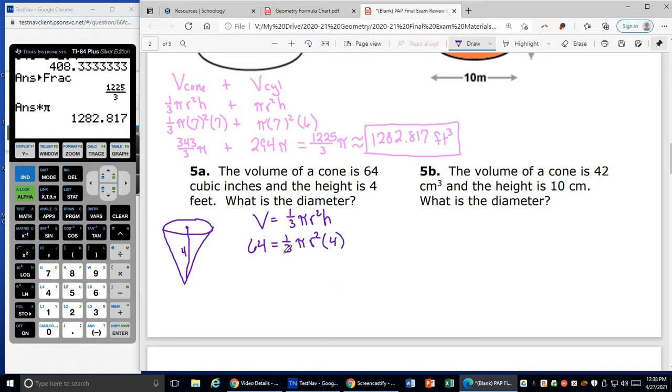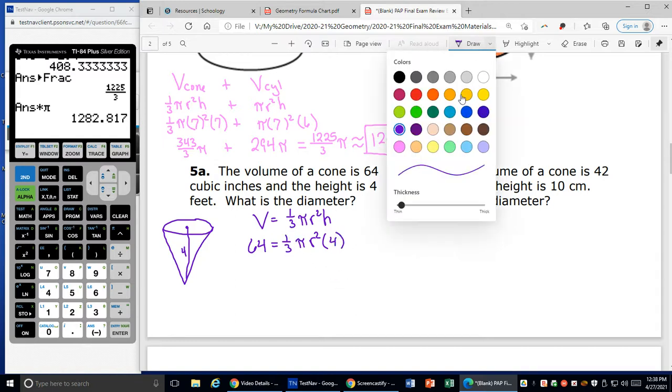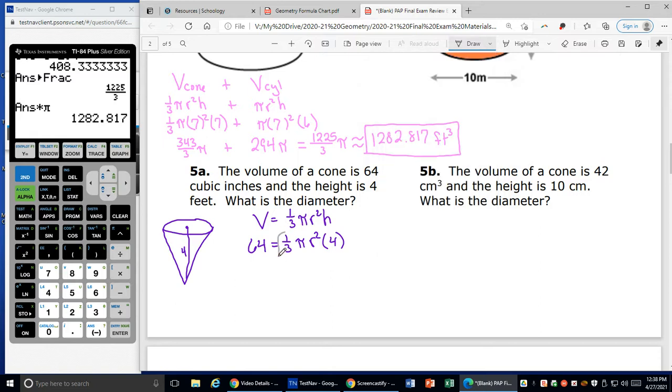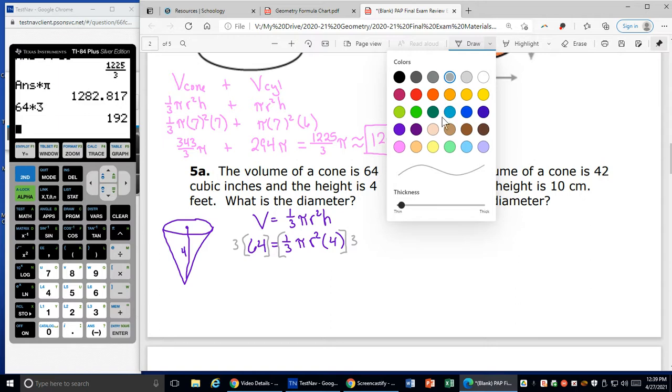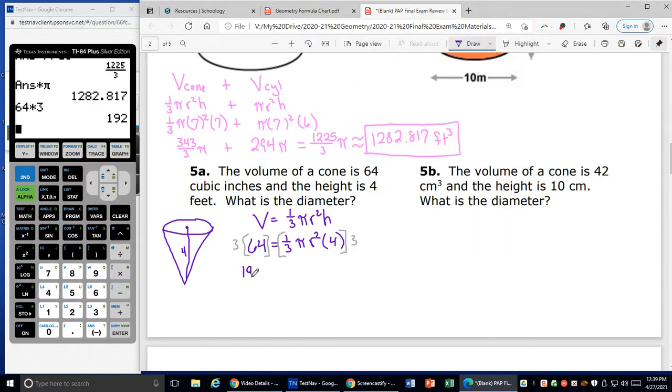Okay, so the first thing I'm going to do is get rid of that fraction by multiplying by its reciprocal. So I'm going to get rid of the 1/3 by multiplying by 3. 64 times 3 is 192. So I'm going to have 192 equals pi r squared, and then I still have that 4.